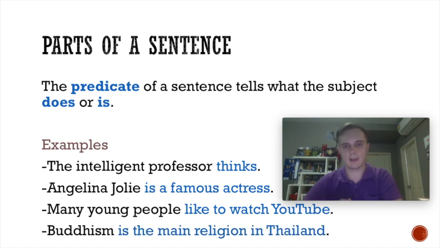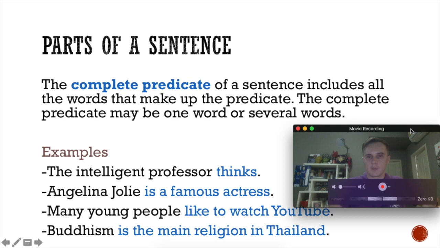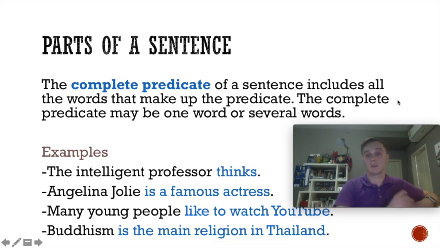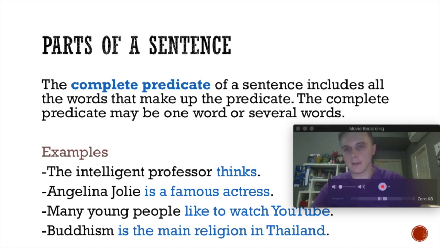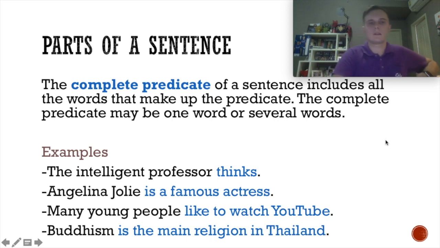Starts with is: is the main religion in Thailand. And like the complete subject, the complete predicate includes all of the words that make up the predicate. So, let me just move my screen out of the way for you. Okay, so it can be one word or more than one word.